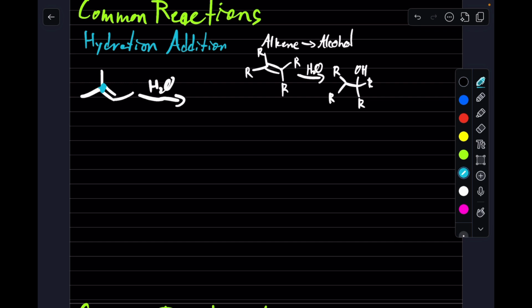So the product will look like this. Okay. Just so you understand why that is, like why it chooses this carbon and not this carbon, I'm going to show you the mechanism of the reaction.